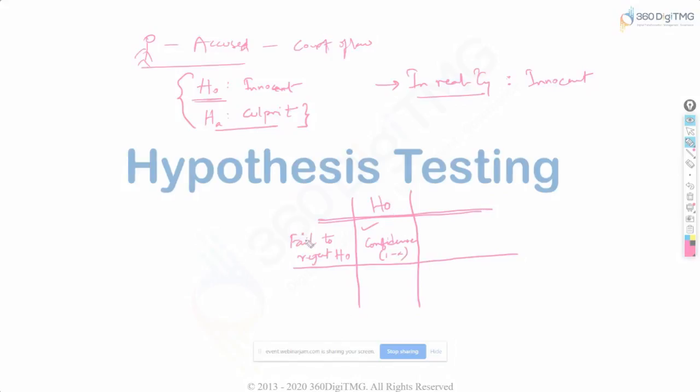Now let's say, like it happens in the movies, there is some false evidence created, right? Generally in movies it happens. There's false evidence produced in the court, and because of that evidence, the judge is rejecting the default condition.